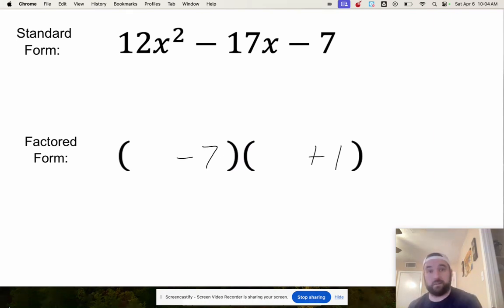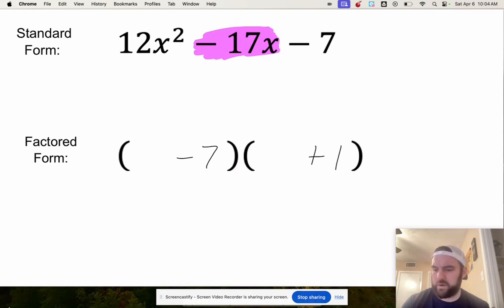It could be negative 1 and positive 7. I don't know that it's going to be negative 7. But what I do know is that this 17 in the middle, my B term, is negative. So it gives me a pretty good idea that I want more negative than I have positive. So I'm going to start with negative 7 and 1.